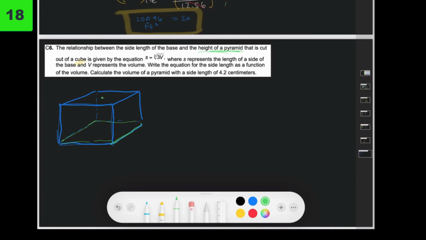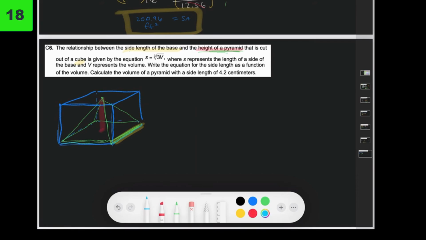So let's just say that's the top. They're saying this green thing in there. So the side lengths, let's go back to the math now. The side length of the base, this is the side length here in yellow. And the height of the pyramid, pay attention, that's to the bottom there, is the one that goes straight up and down there.